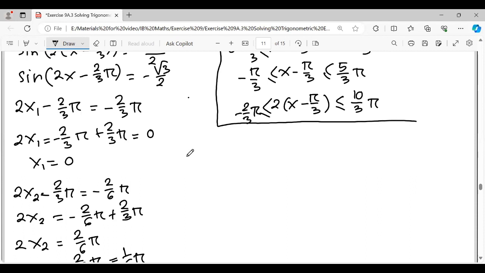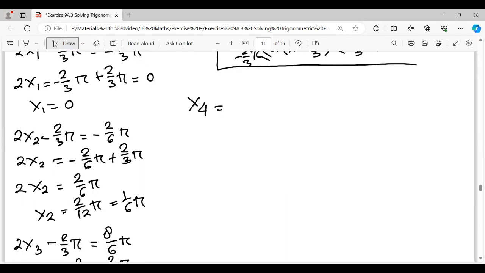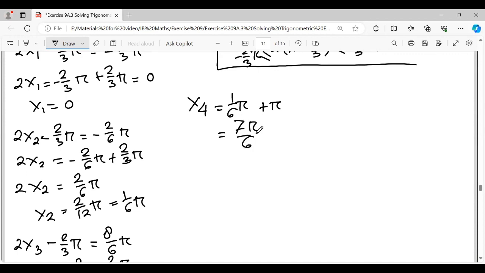After that, x4. Okay, x4 equals, taken from x2, this one pi over 6 plus pi equals 7 pi over 6. x5 is pi plus pi equals 2 pi. x6 is x4, 5, and 6.